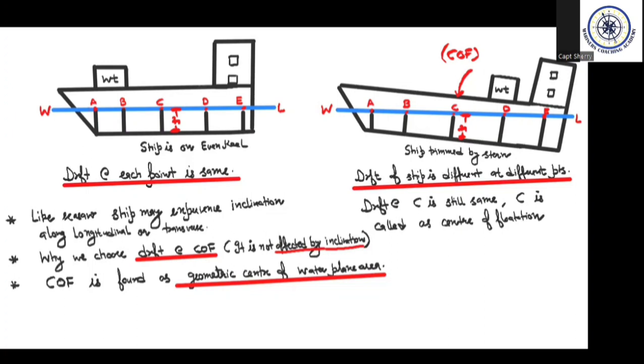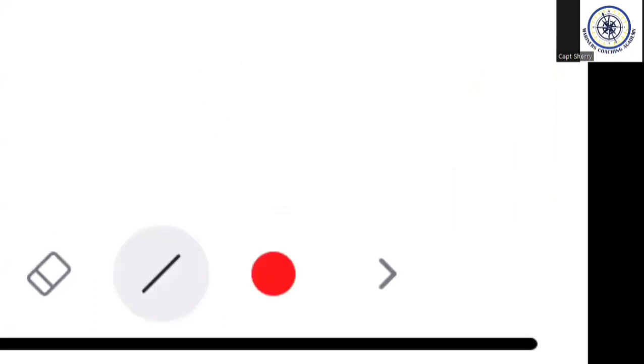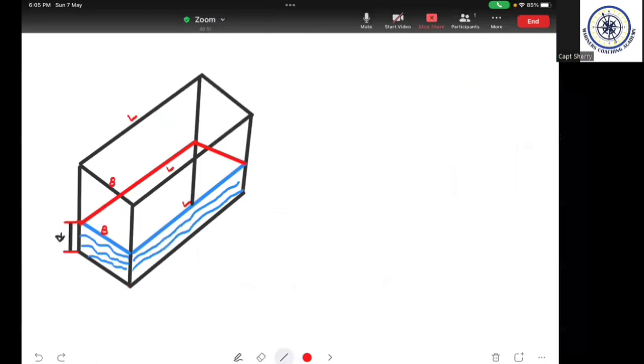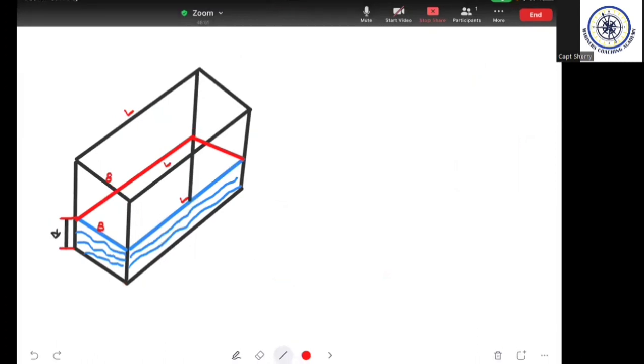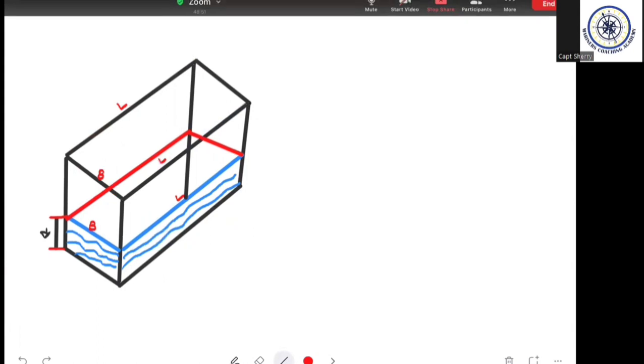Okay, now let's go further ahead. What is a water plane area? To elaborate on this, and to show how to determine the water plane area, this is a box shaped ship.